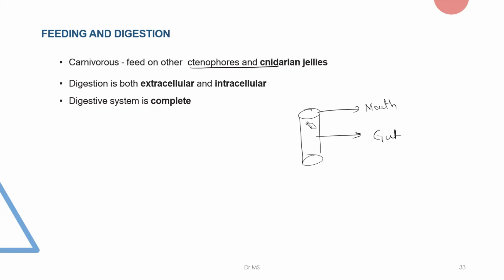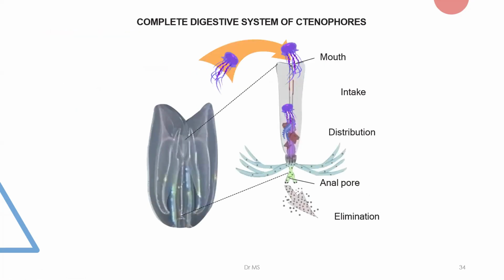And finally, they have an anal opening, or anal pore, where the removal of waste will happen. We know the mouth is helpful for taking the food. You can see here there's a mouth, there's a gut, and there is an anal pore. So we call it the complete digestive system.